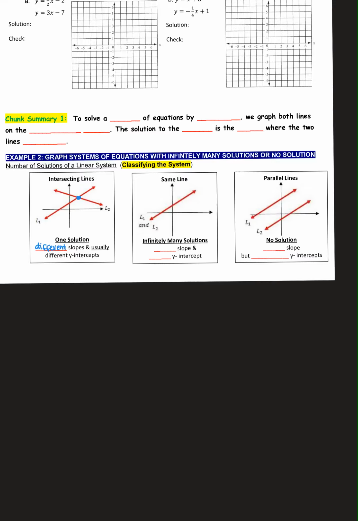So when you graph both of them, they're the same line, and if they're the same line, then they are always intersecting. All these little dots on this red line are always points of intersection. If they're the same line, they have the same slope and the same y-intercept, and they have infinitely many solutions because they are always, always, always intersecting.